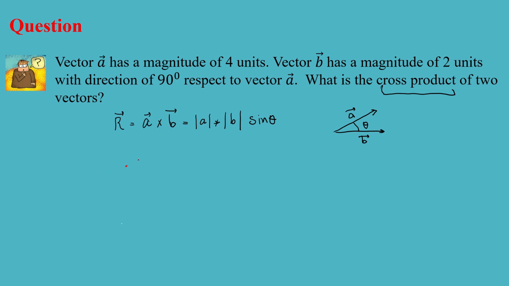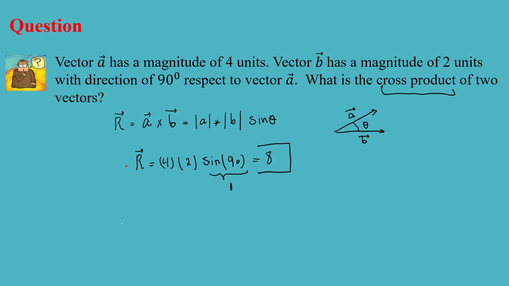So now if I'm willing to find the cross product of these two vectors, the magnitude of vector A is 4, B is 2, and it says the angle between vector A and B is 90, right? As you know, sine 90 is 1, so the answer is 8.